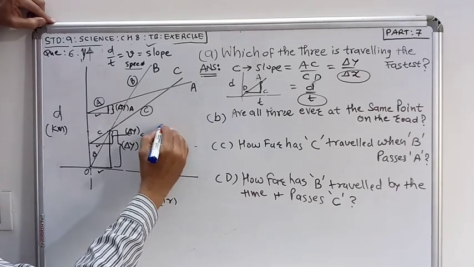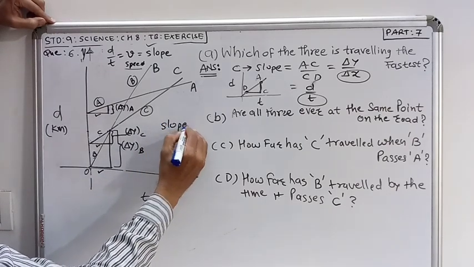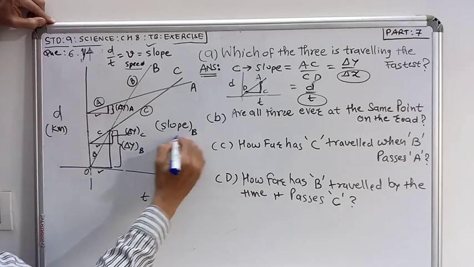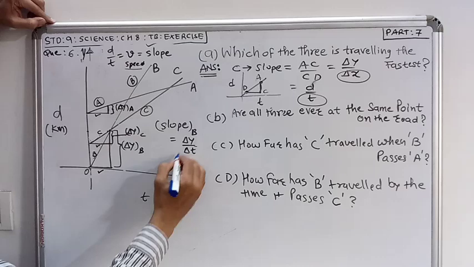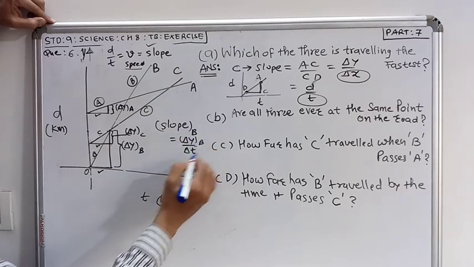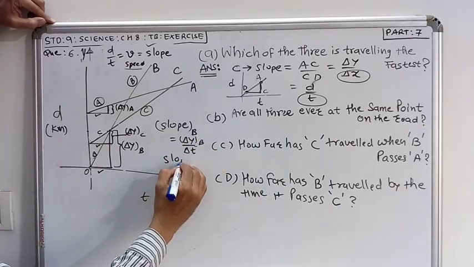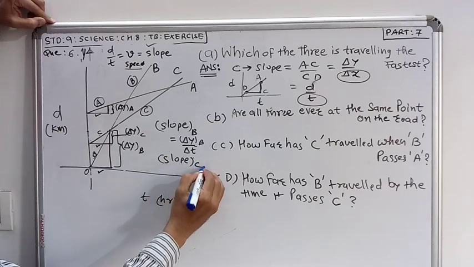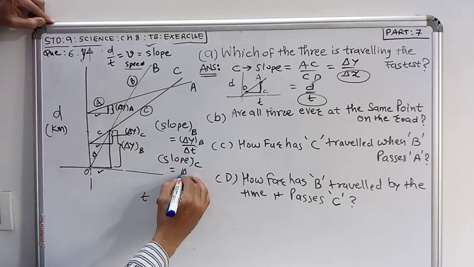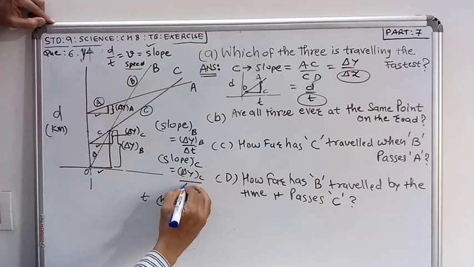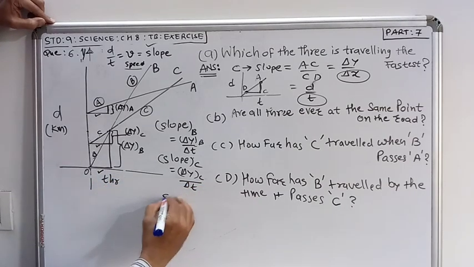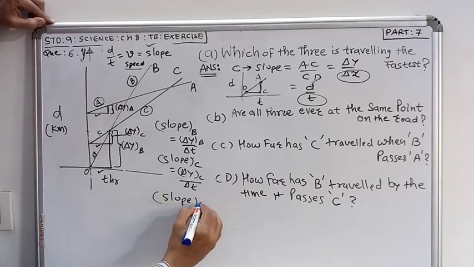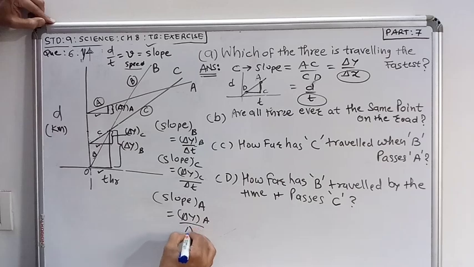So here we can say that the slope of B is delta y of B upon delta t. The slope of C is given by delta y of C upon delta t, and the slope of A is equal to delta y of A upon delta t.